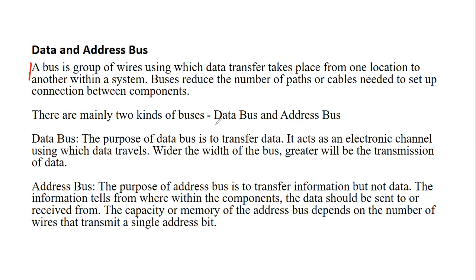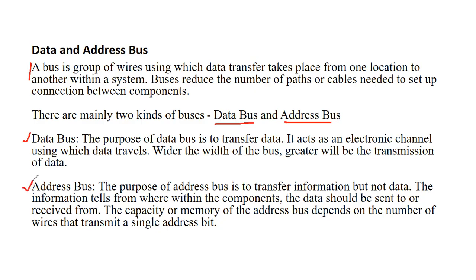There are two kinds of buses, data bus and address bus. We will discuss control bus also in a separate video. Here we are discussing only two, data bus and address bus. What is the purpose of the data bus? It transfers data.